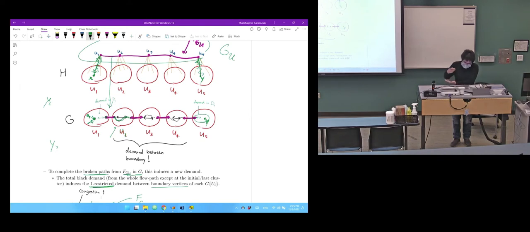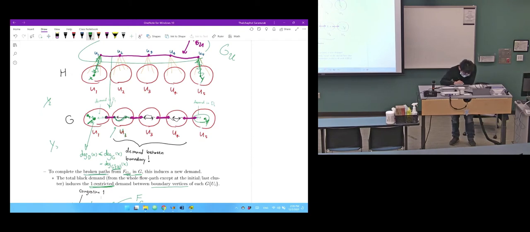But the total demand from X is not going to be more than the degree of X, right? The total demand of X is going to be at most the degree of X, but the degree of X is the same as the degree of X in this graph. Okay.